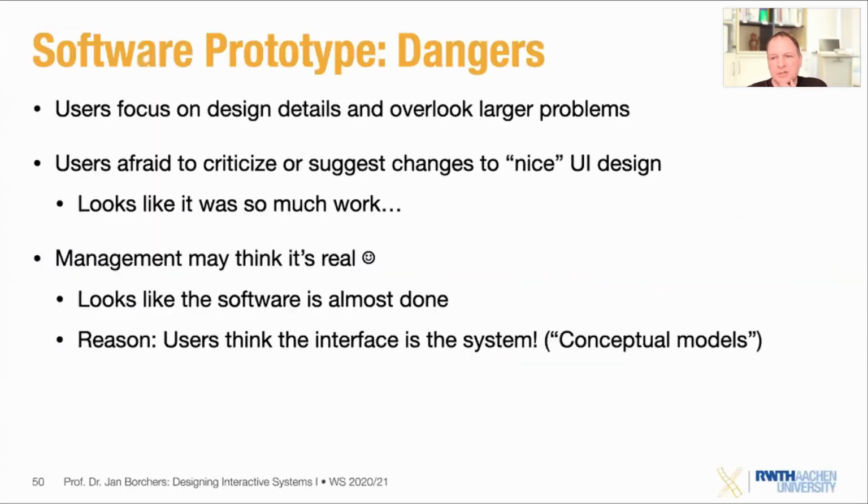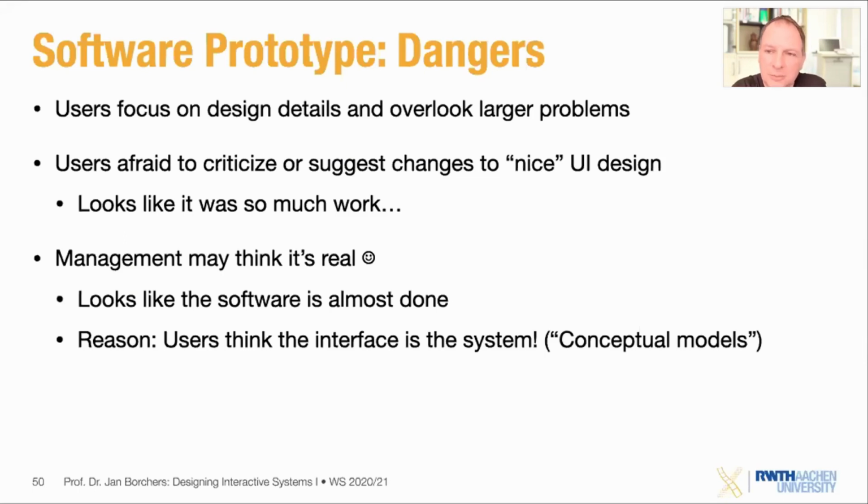Now, there's a couple of problems with software prototypes. Once you move to the software prototyping phase, you are really getting users to focus on design details, which is okay at that phase. But you have to make sure that you have identified the big issues using paper prototypes.